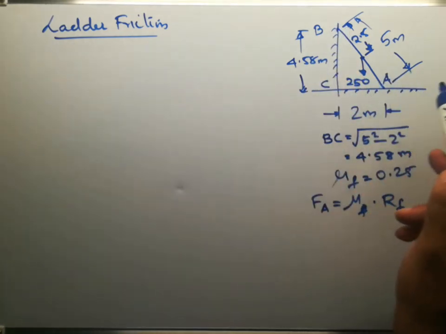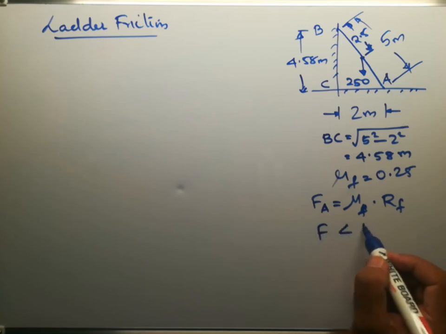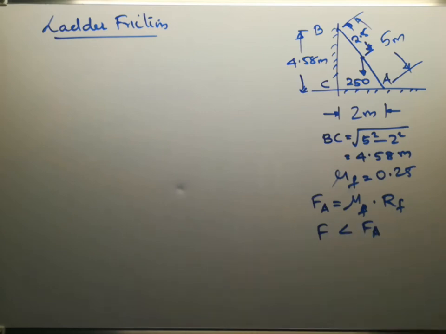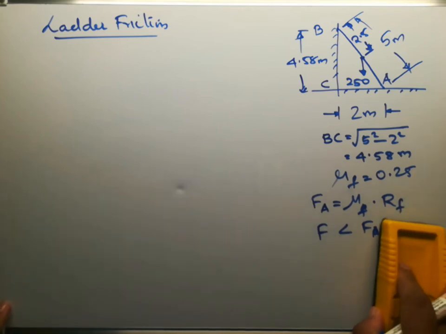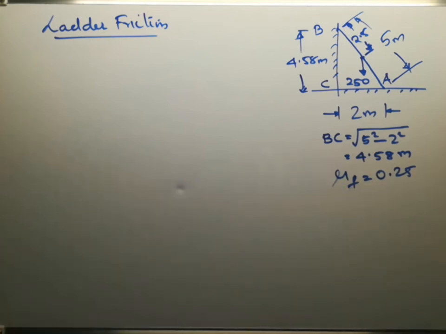At the floor, if the frictional force, say F, is less than FA, then also the ladder will not be moving. So we need to prove that F is less than FA. Let us see how we can prove it.